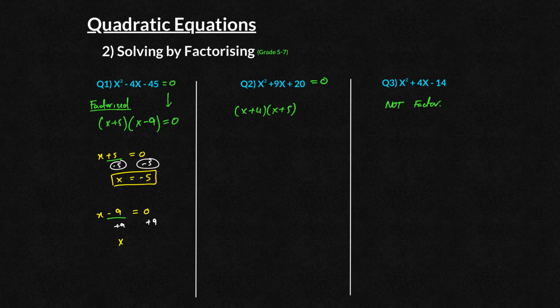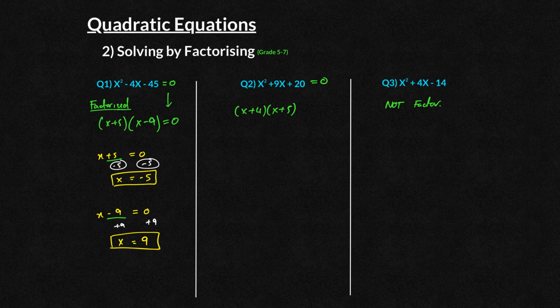So then I end up with x equals 9. So our two solutions for that particular quadratic equation are minus 5 and positive 9. And they are where the quadratic would cross on the x-axis. We'll get more into that when I do a video on graphing of quadratic equations.